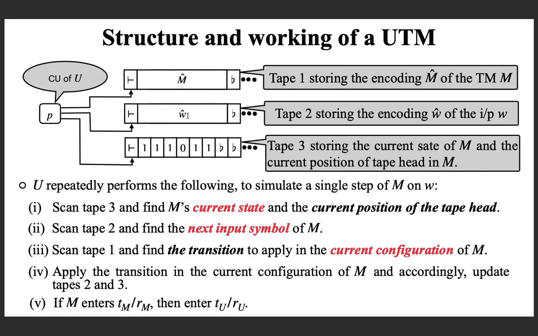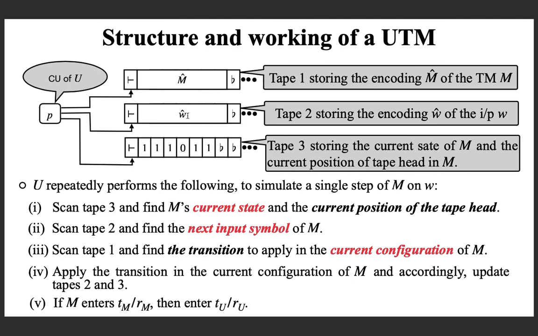And I hope you got it. Otherwise, please watch it again and try to understand exactly what the structure of a Universal Turing Machine is, what it takes as input, what it performs, and what it generates as output.